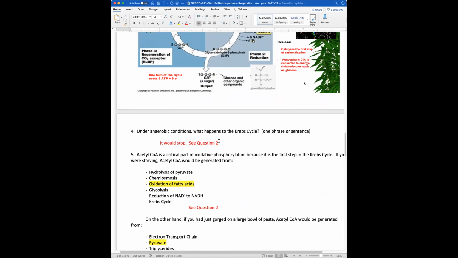Well, that's true, but it doesn't address the question. The question says, what happens to the Krebs cycle? Oh, I got it. So I didn't read the question correctly. Yeah, be careful when you read the questions. Make sure you understand each of the words. Gotcha. My bad.